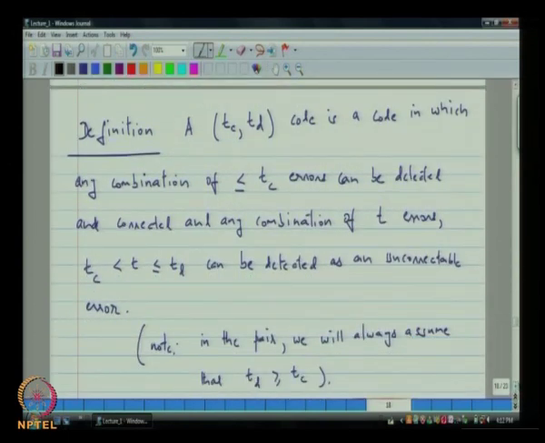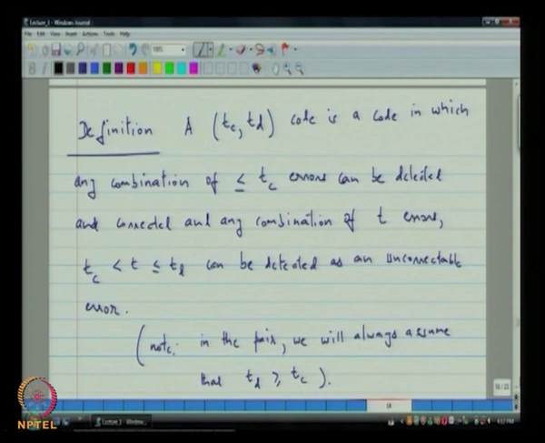So, now next I am moving on to talking about the relationship that exists between the minimum distance of a code and the error correction capability of the code. For that we begin with a definition which says that a TC/TD code is a code in which any combination of less than or equal to T sub C errors can be detected and corrected, and any combination of T errors where T lies between T sub C and T sub D can be detected as an uncorrectable error.